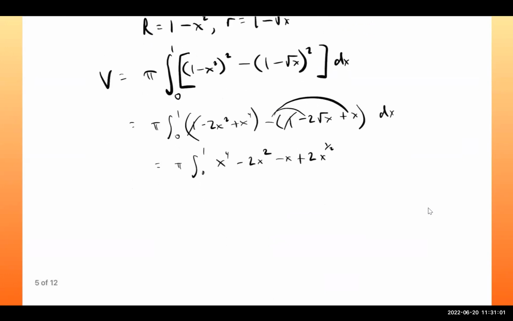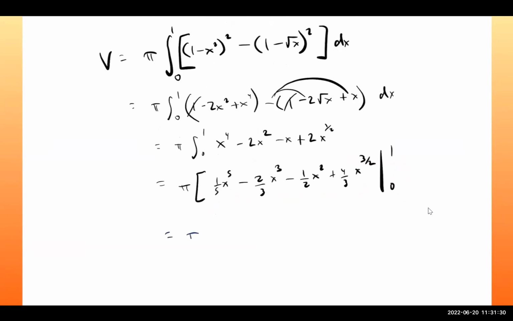All right, and now we can integrate. The antiderivative would be 1/5 x to the 5th, minus 2/3 x to the 3rd, minus 1/2 x squared, plus 4/3 x to the 3/2, from 0 to 1. Luckily for us, we don't need to plug in the bottom limit, because it's going to cancel everything out. So we only have to plug in the 1, which makes this arithmetic a little easier.